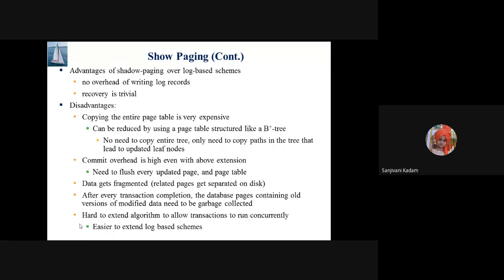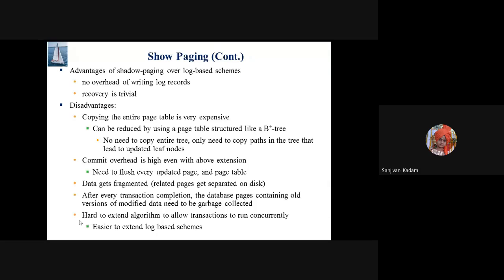Advantages: no overhead of writing log records, and recovery is trivial. The disadvantage is that copying the complete database can be very expensive and too much space is needed. Even though our transaction makes small changes, we still update a complete database, which is not preferable. That's why this is rarely used.